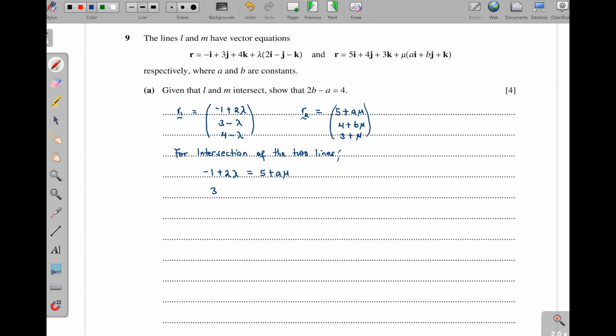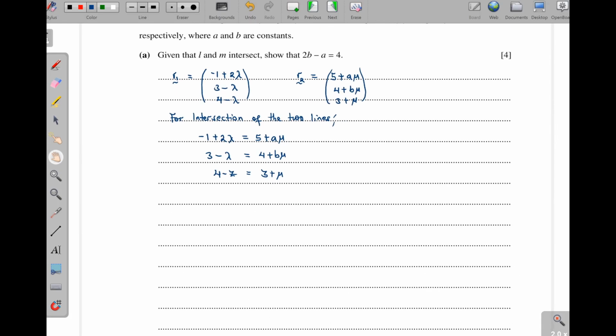The y coordinate shall also be equal to the y coordinate of the other. The z coordinate is 3 plus mu. And then from there, we solve them simultaneously.